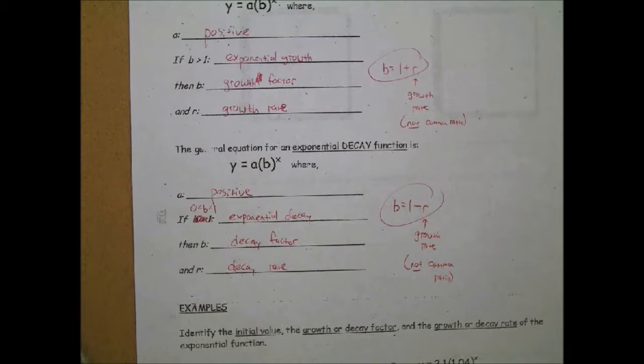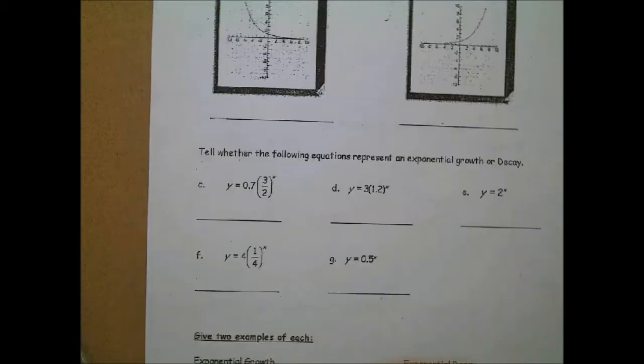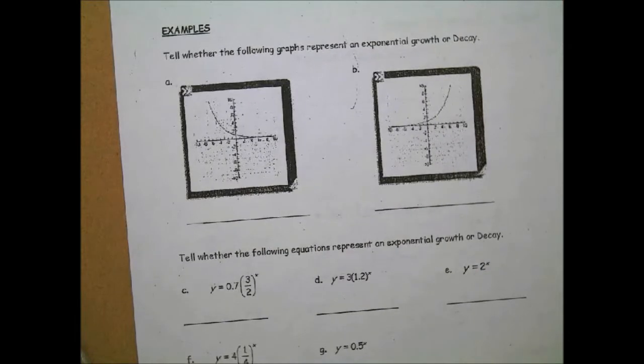So what I would like you to do is we're going to pause right there. I'm not going to finish these two, but if you flip onto the back, you'll see several problems, A through G. The directions are the same for A through G: just identify each as an exponential growth or decay.